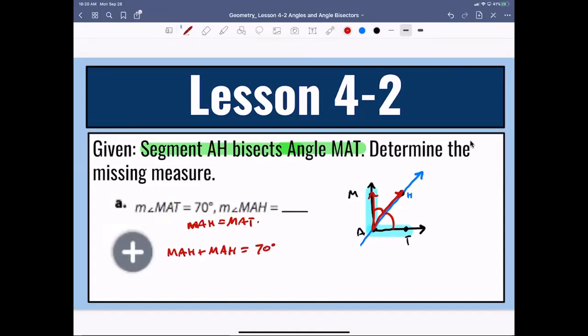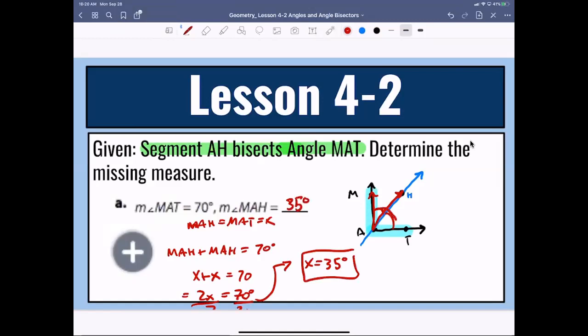And we let this equal X, right? We have X plus X is equal to 70, which is 2X equal to 70, divided by 2. We're going to get X is equal to 35 degrees. So MAH is going to be equal to 35 degrees.